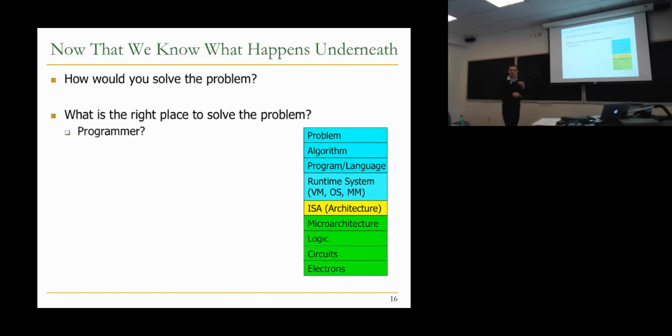Can the programmer solve this problem? I don't know. The programmer has no control over what other program is running on another core, right? So it's very difficult to solve that problem. Although, if the programmer has designed a multi-threaded program, and they know that only their program is executing on the system, they can potentially solve this problem, right?